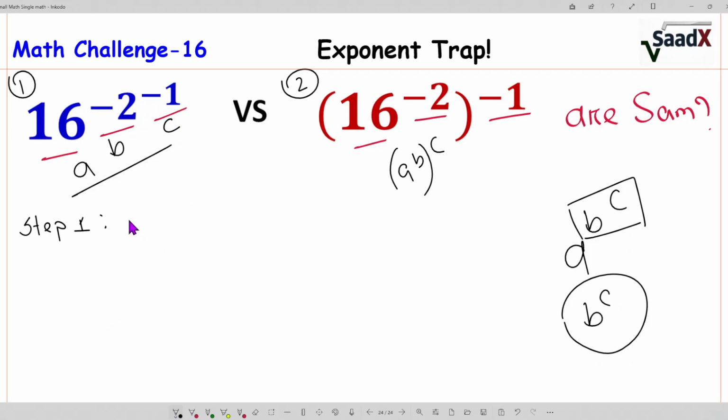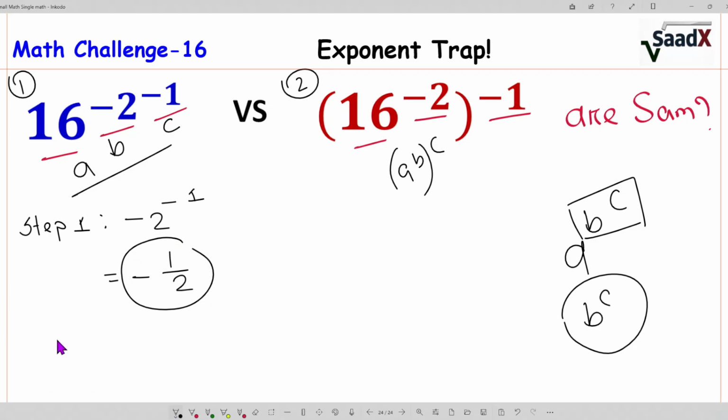So here it is minus 2 to the power minus 1. It's a negative exponent. So what can we do? Minus 2 to the power minus 1 means 1 by 2, so this means minus 1 by 2.